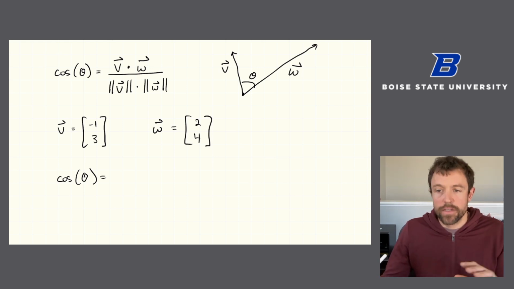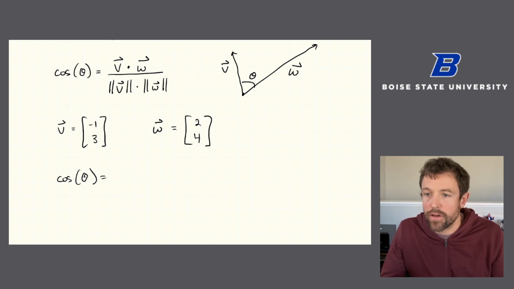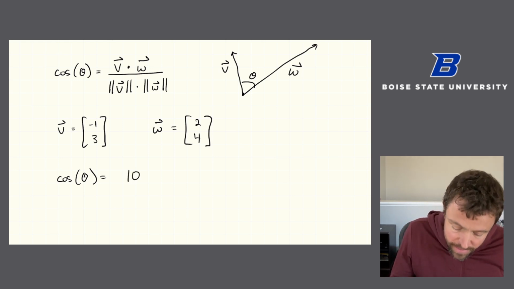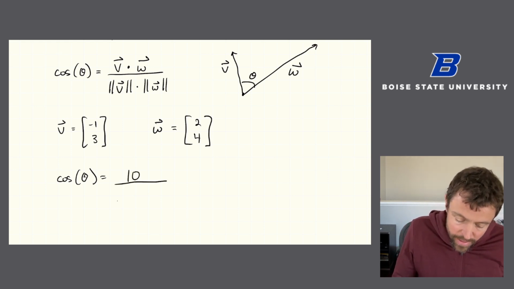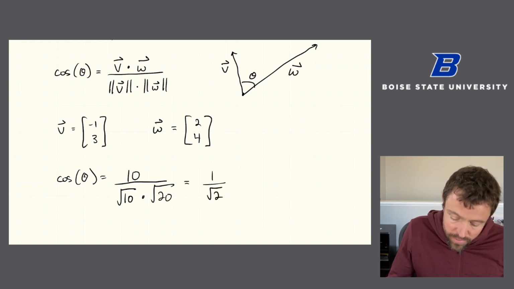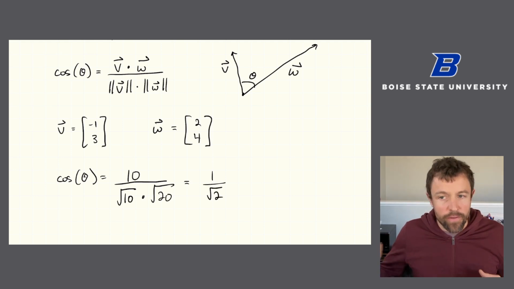Actually, incidentally, this is a good place to pause the video, try to solve this yourself, and then check what you got. When we dot these two vectors, we get 10 divided by the length of v, which is the square root of 10, and the length of w, which is the square root of 20, and we actually get 1 over the square root of 2, and you may recognize this.